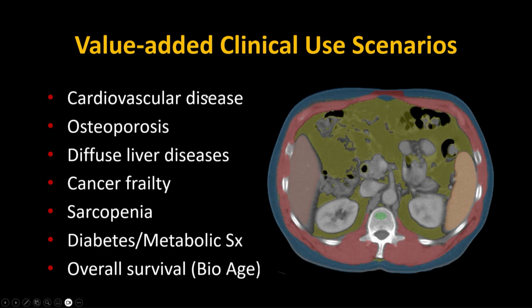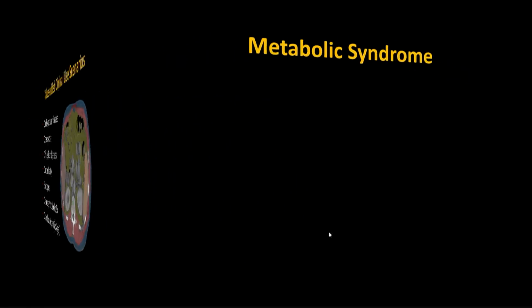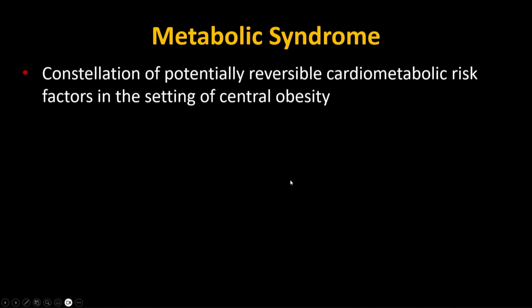So let's go back to our clinical use scenarios, which I'm listing a little differently here. We've talked a little bit about cardiovascular disease, osteoporosis, and fatty liver, but there are other ways we can apply this. Let me show you one example. If we look at metabolic syndrome, we know this is a big public health issue.